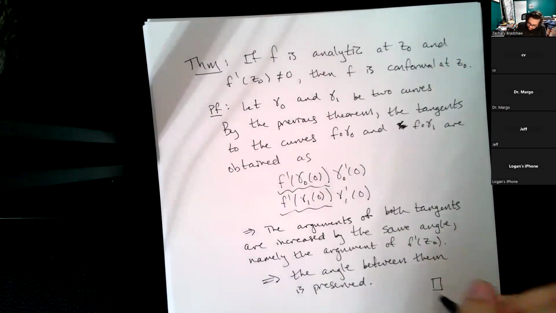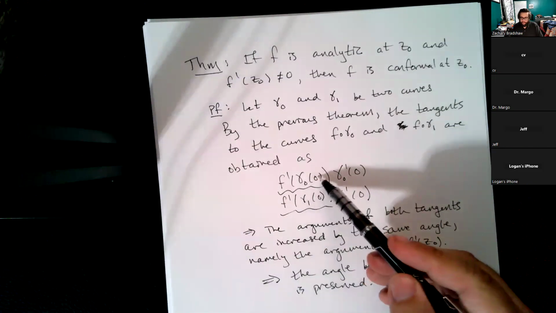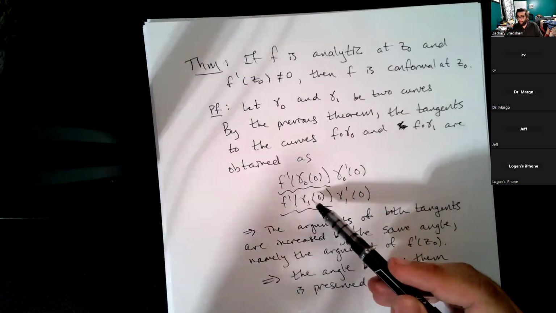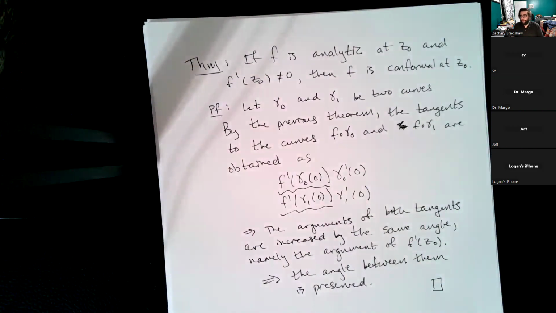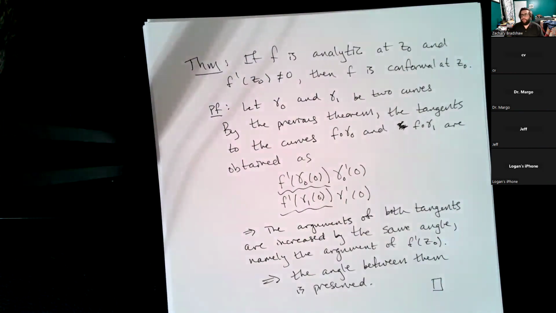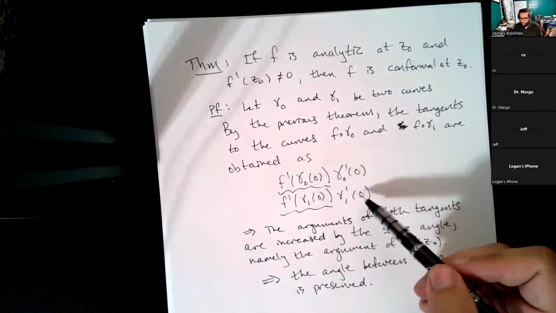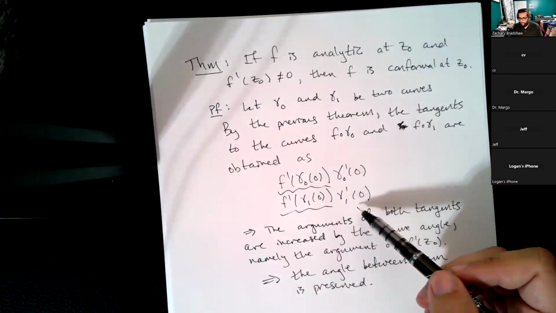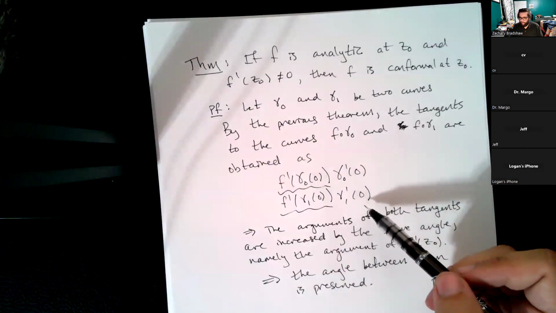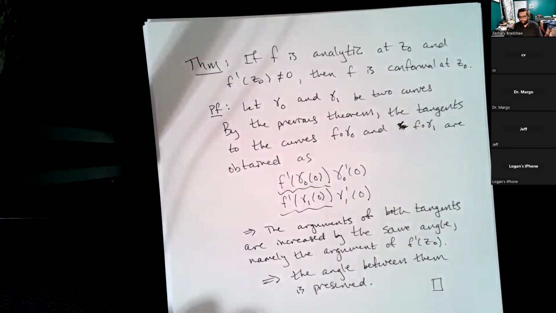Because of this chain rule, we multiply by this derivative of f term, and since gamma 0 of 0 and gamma 1 of 0 are the same thing, they're both z0, what that does is it adds this phase to our tangent vectors. But it's the same phase. And so when we take the difference, they cancel. So the angle between these two vectors will remain the same.